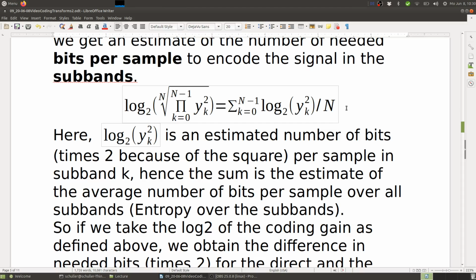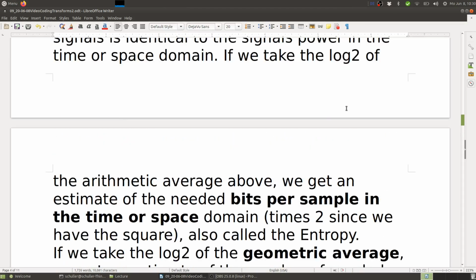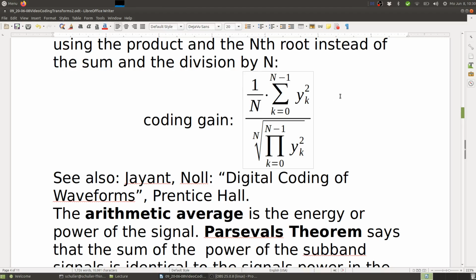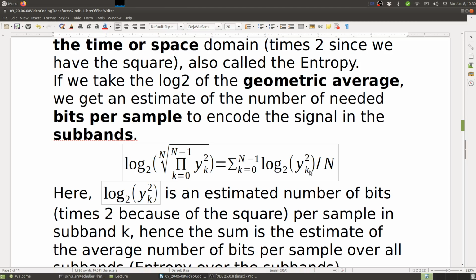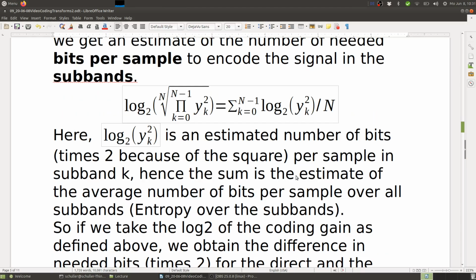One is the estimated number of bits for the subbands, and the first one was the estimated number of bits you need for the original signal. Right? So here the arithmetic average, if we apply the log 2, gives the bits per sample in the original domain, uncompressed. So this is just applying the entropy coder to our signal in the original domain. And here we apply our entropy coder in the subbands.